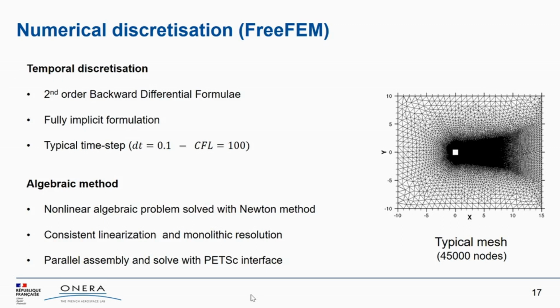And the resolution of the linear problem at each step of the Newton method is performed monolithically using the PETSc interface, so in parallel, both for the assembly and the LU factorization. And we use MUMPS for the LU factorization.